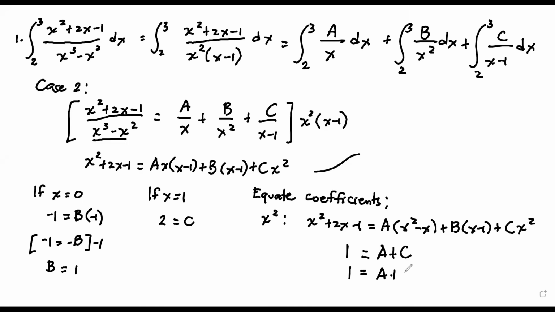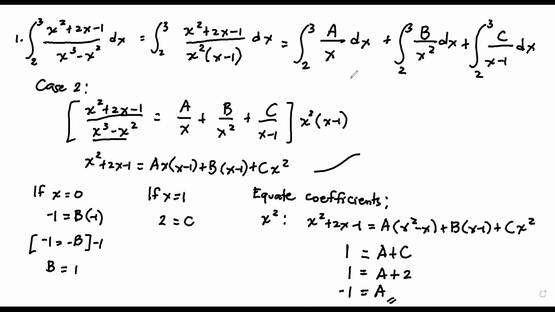The value of C is 2. Therefore, then simplify, A is equal to 1 minus 2. It's negative 1. Therefore, the value of A is negative 1.